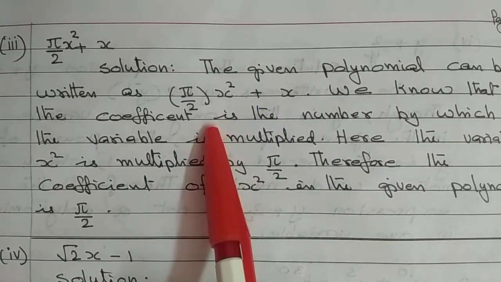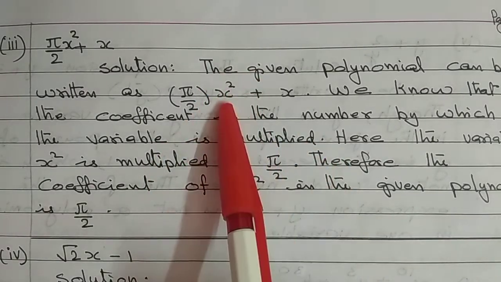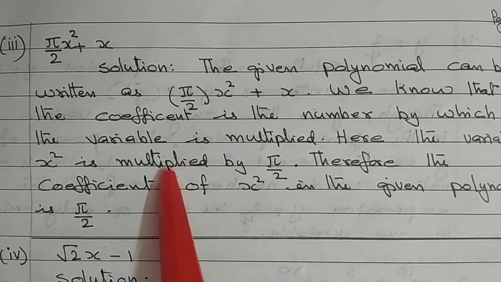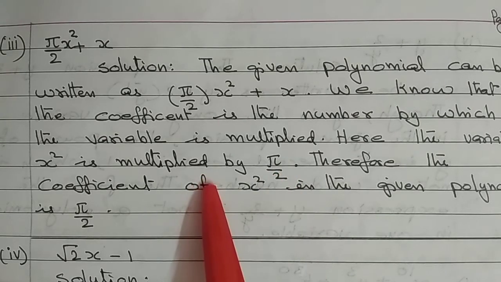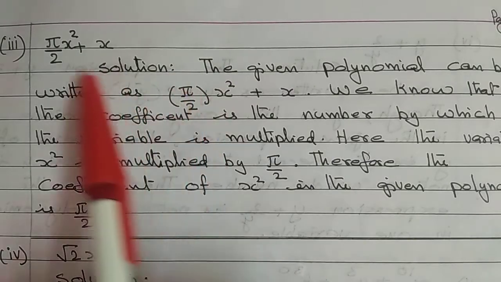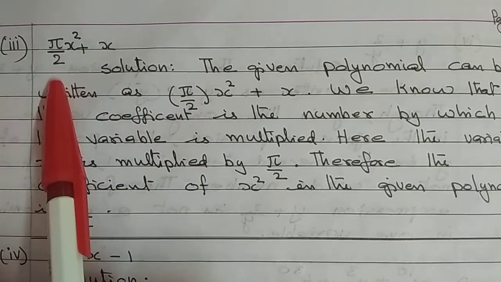We know that the coefficient is the number by which the variable is multiplied. Here the variable x square is multiplied by pi by 2. Therefore, the coefficient of x square in the given polynomial is pi by 2.